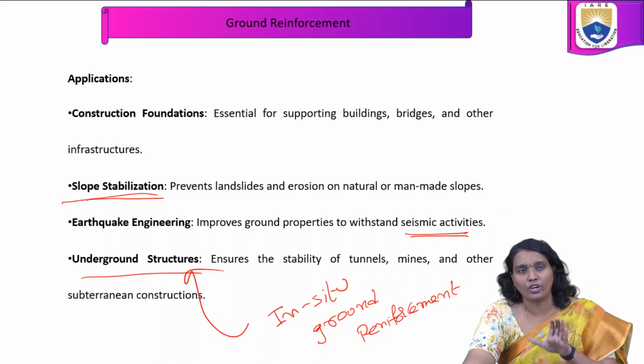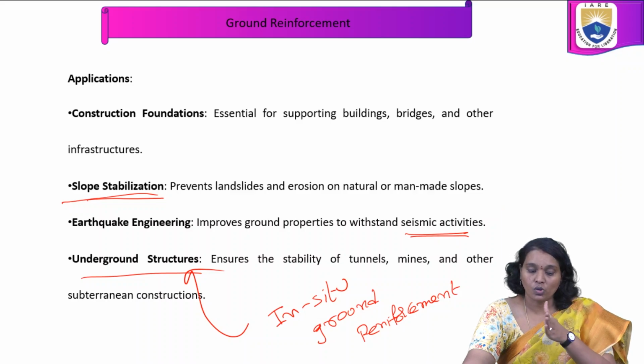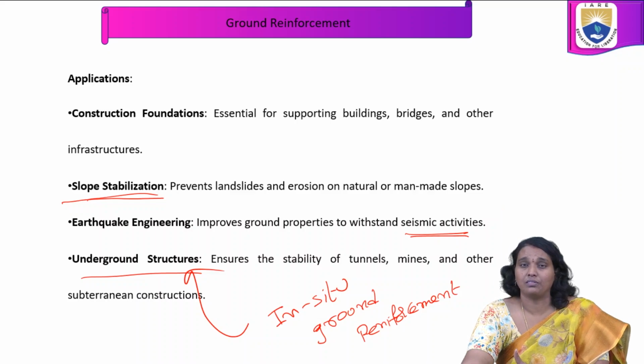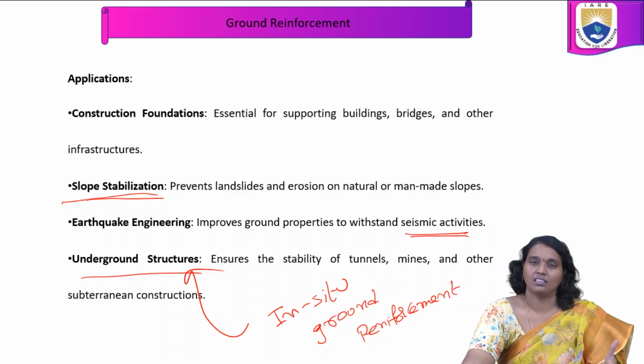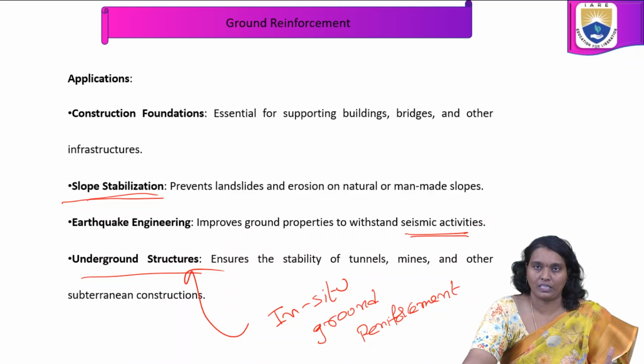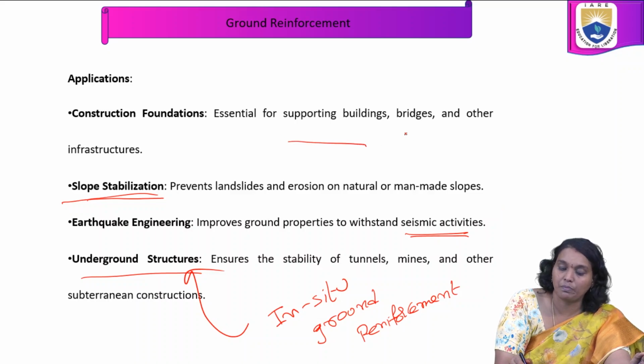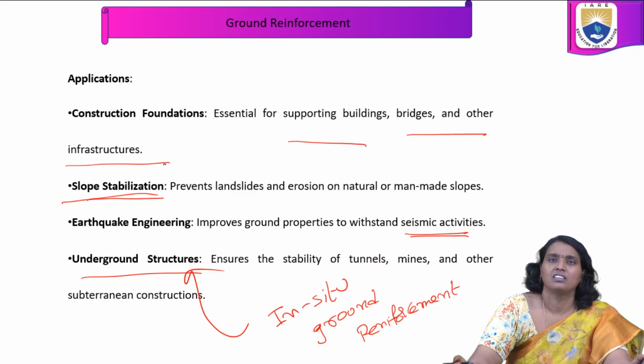To reduce and prevent such things and make the structure safe, we choose on-site ground reinforcement. In construction foundations also, it is essential for supporting buildings, bridges and other infrastructure.